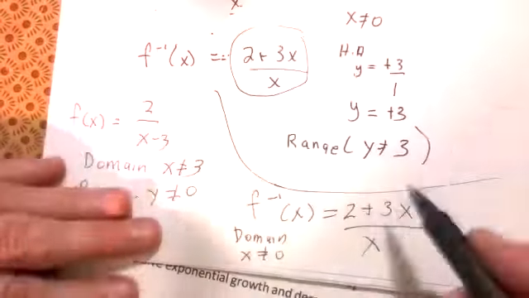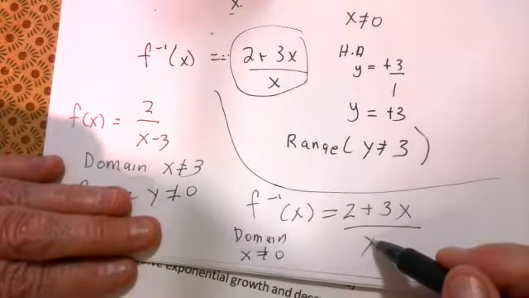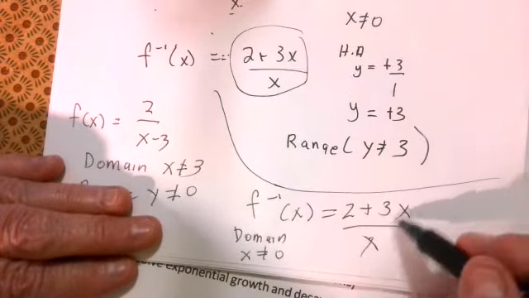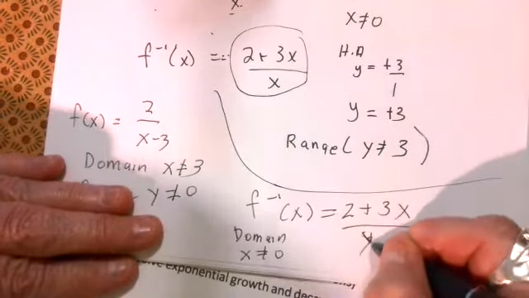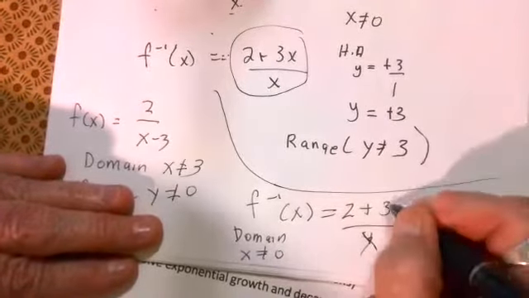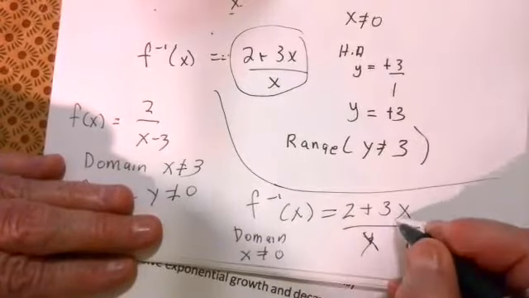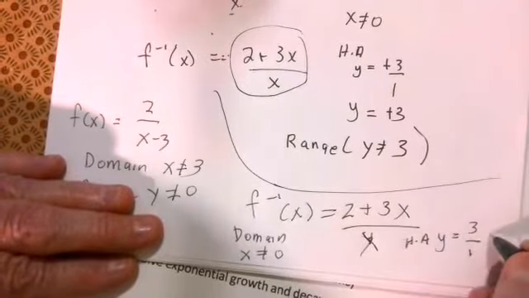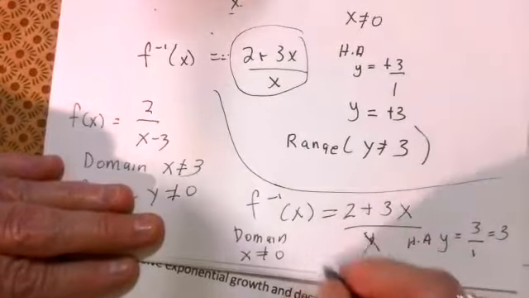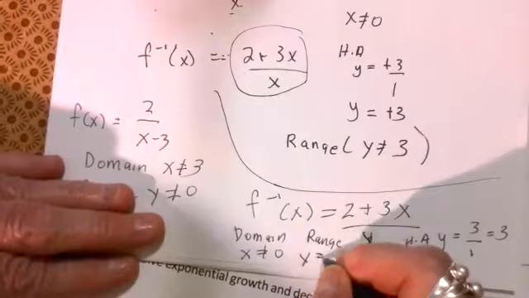If the degree of the numerator is the same as the degree of the denominator, then the horizontal asymptote is going to be y equal the leading coefficient in the numerator, and so that would be the 3 divided by the leading coefficient in the denominator. So my horizontal asymptote is 3, and so my range is y doesn't equal 3.